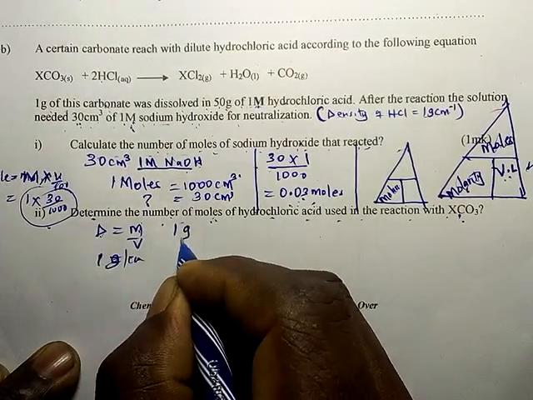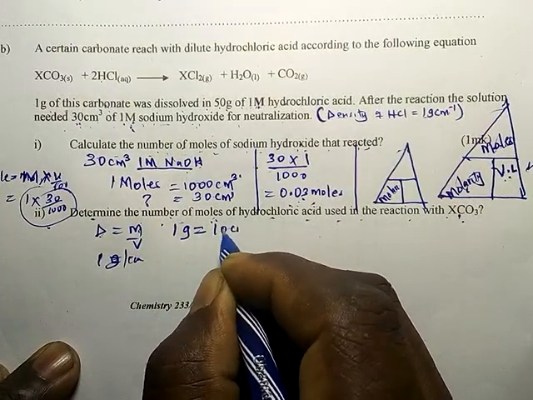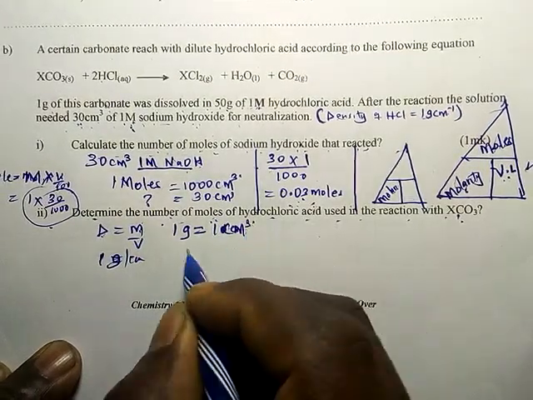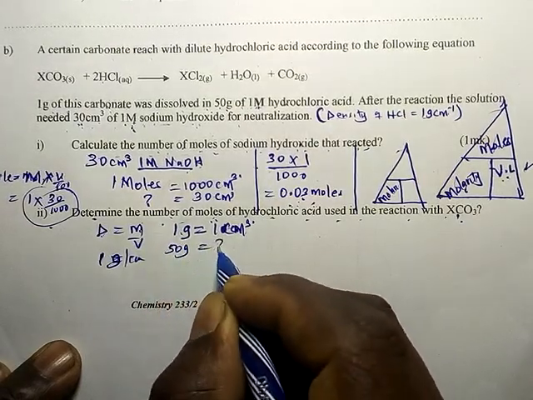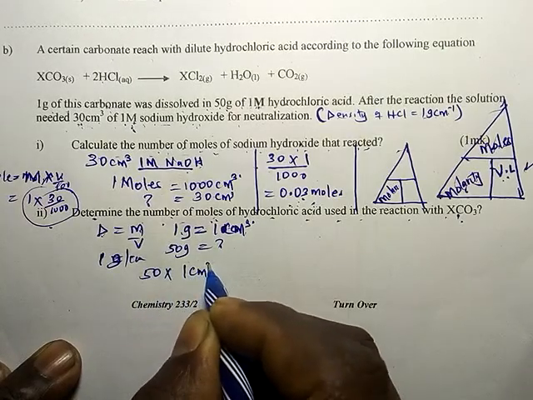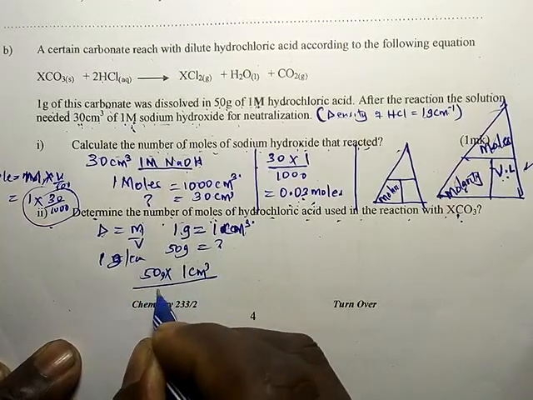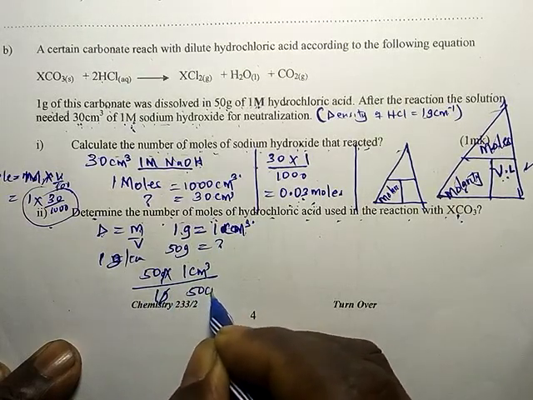It means that 1 gram of the acid is in 1 centimeters cube. So we will find out 50 grams of the acid will be what? It will be 50 times 1 centimeters cube, 50 grams, divided by 1 gram. So gram cancels, and we will have 50 centimeters cube.